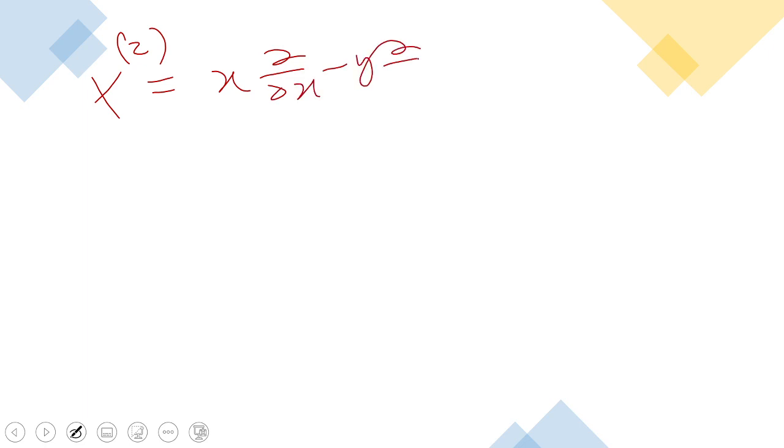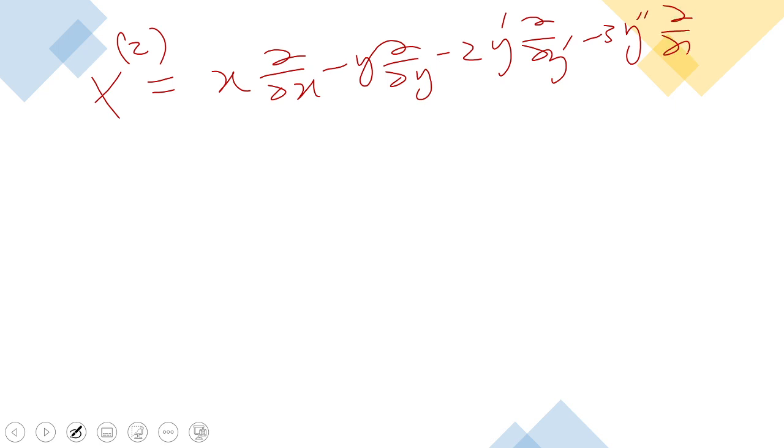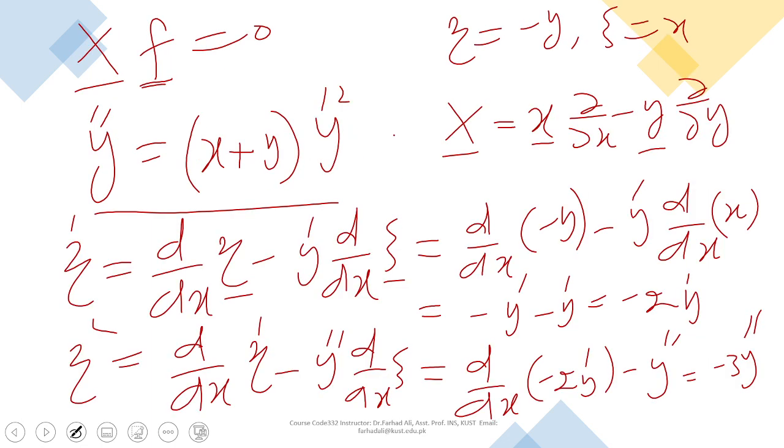So the second extension is x partial by partial x minus y partial by partial y minus 2y dash partial by partial y dash minus 3y double dash partial by partial y double dash, but I know y double dash is x plus y dash square.